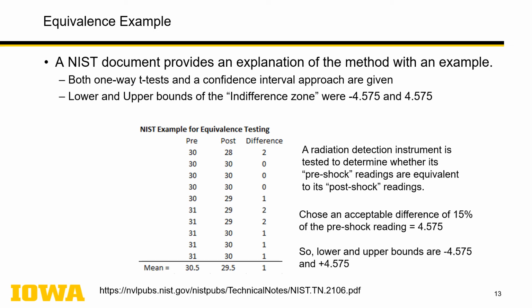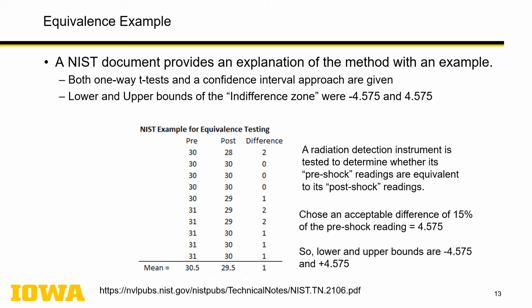Here's a specific example given in a document by the folks at NIST, N-I-S-T. You can see the URL for it down there if you'd like to pull it up yourself. They give this example of a radiation detection instrument that is tested to determine whether its pre-shock reading, as they call it, is equivalent to a post-shock reading.